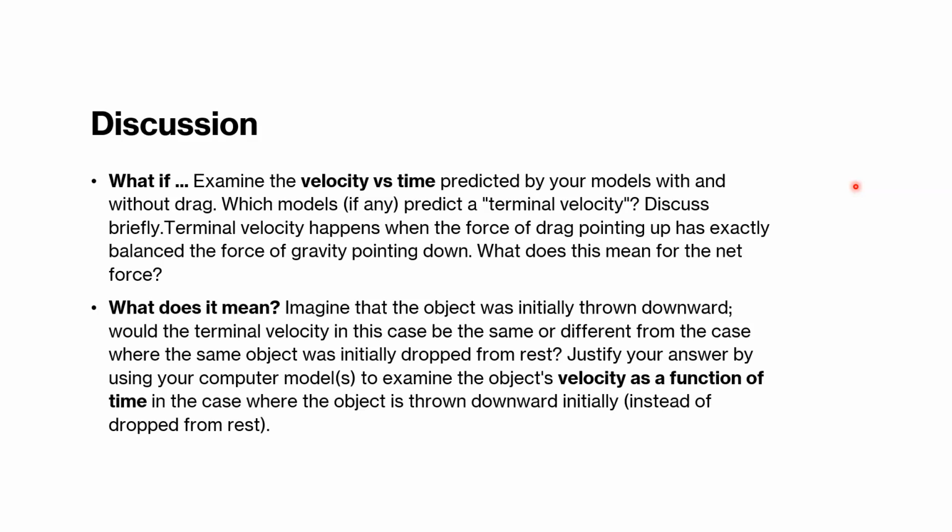So without drag, an object that is free falling will keep accelerating until it hits the target or hits Earth. But with a drag force, a terminal velocity will be achieved when the drag force is equal to the gravitational force. That means our velocity will not change, which is the next point of this question.